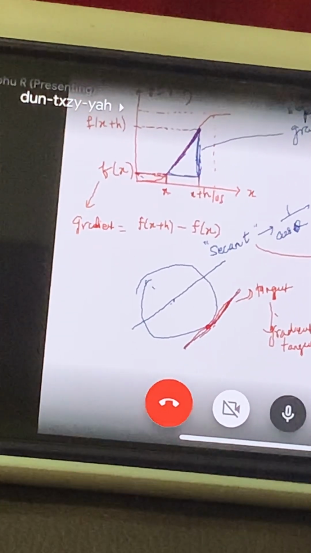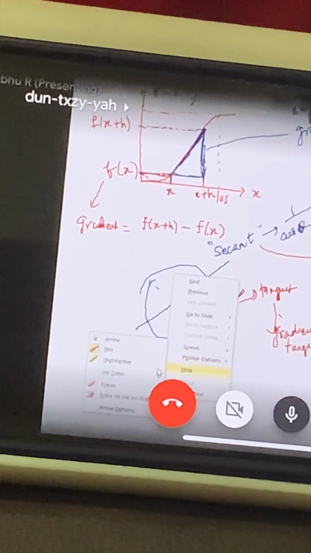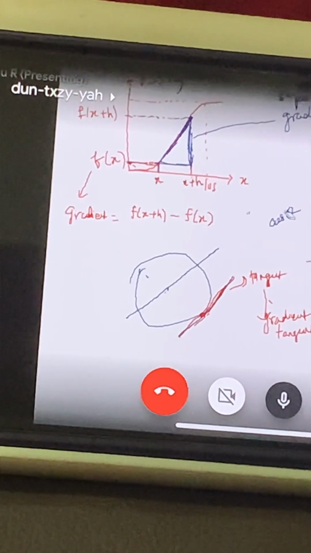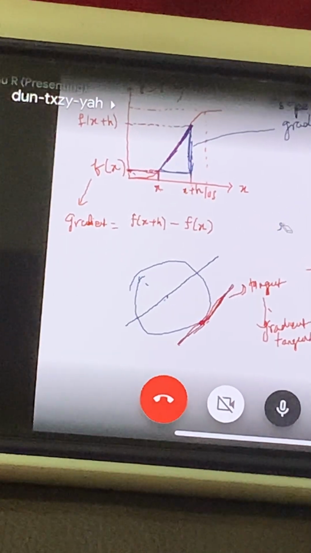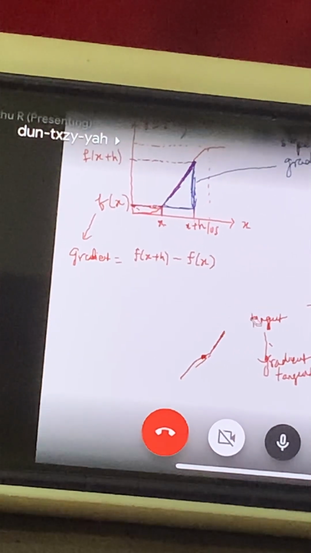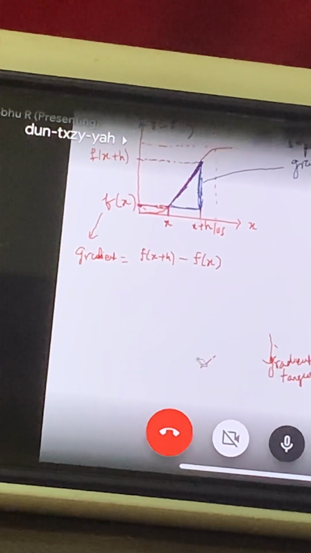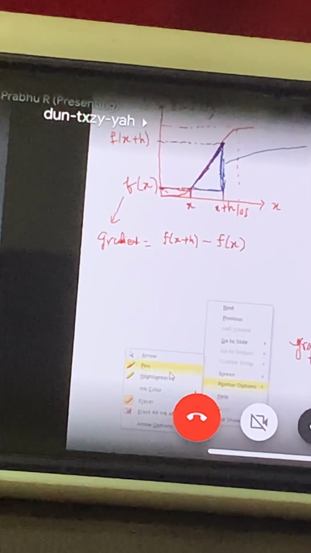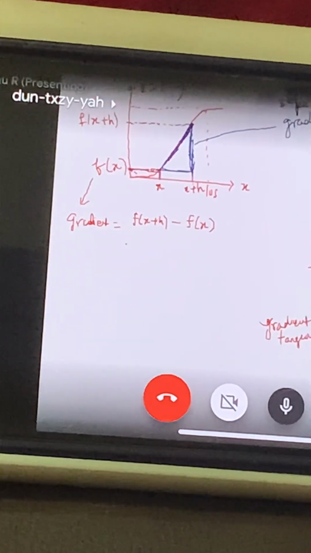Why am I putting it like this? Rise means higher value minus lower value, isn't it? That's why I am putting f of x plus h minus f of x.